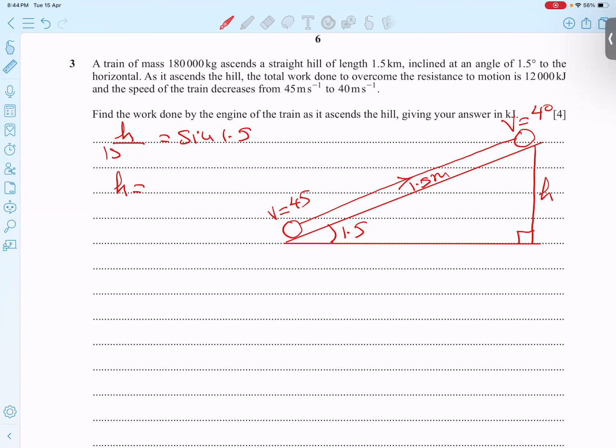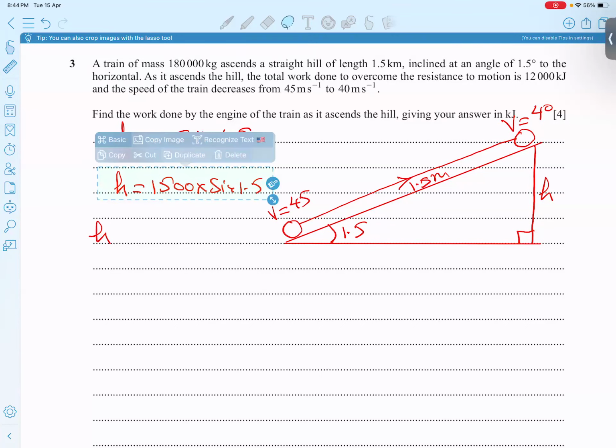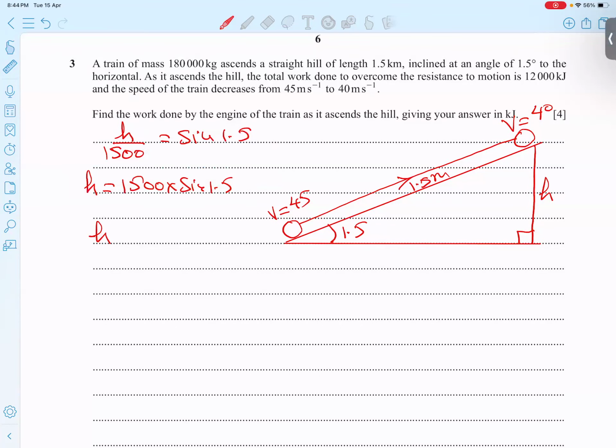So it becomes 1500 into sine 1.5. So the height I get from here is 39.3 meters.